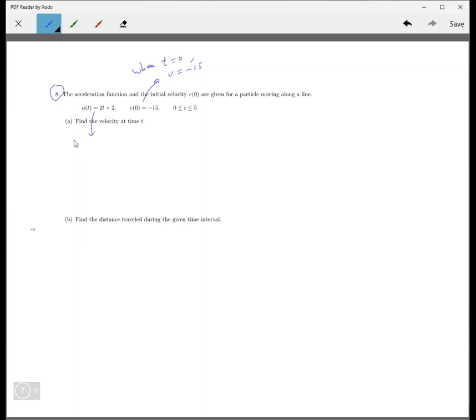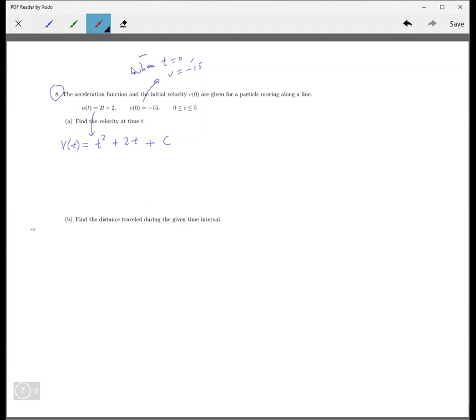We know the acceleration is the derivative of the velocity, so we take the antiderivative of this. The antiderivative of 2t is t squared, and then you have a plus 2t, right? Plus a constant.